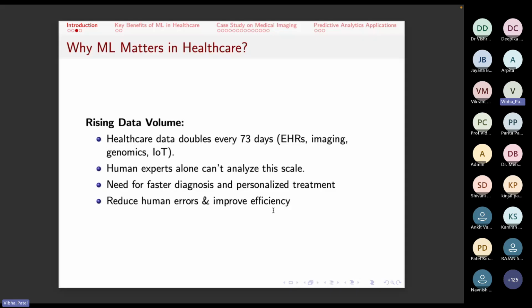So we need some faster mechanism through which we can analyze this data and make a diagnosis based on the data, so that treatment can be carried out on a timely basis.